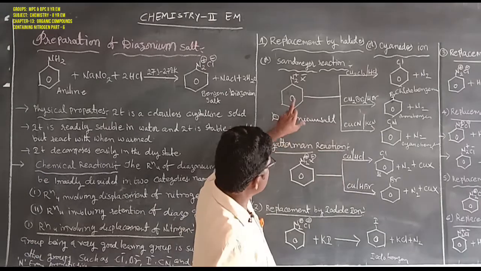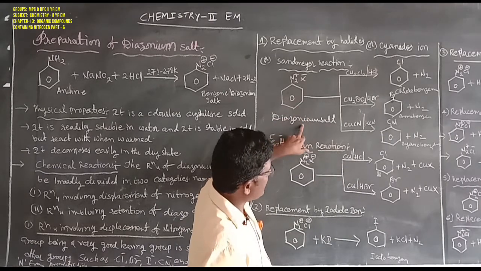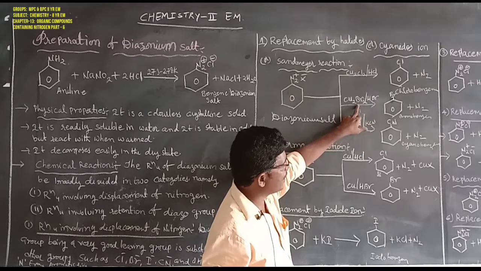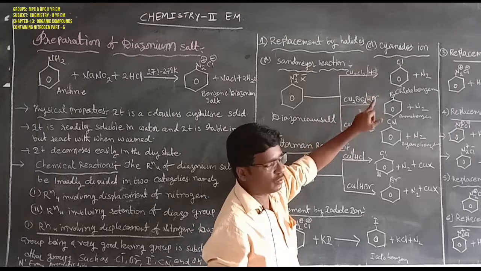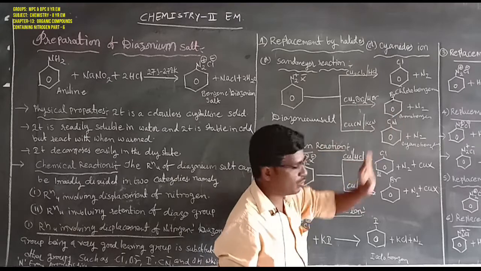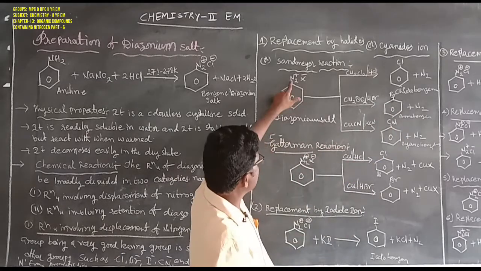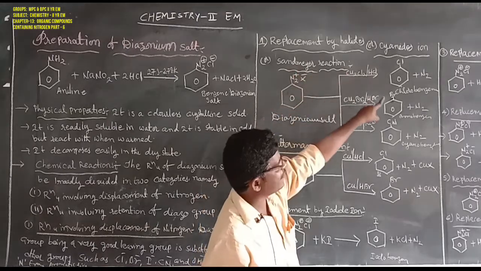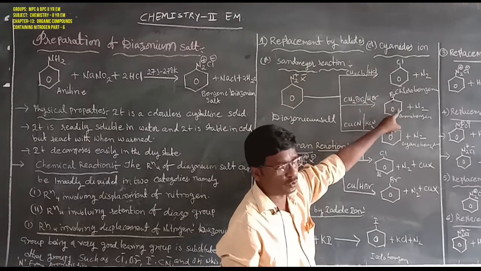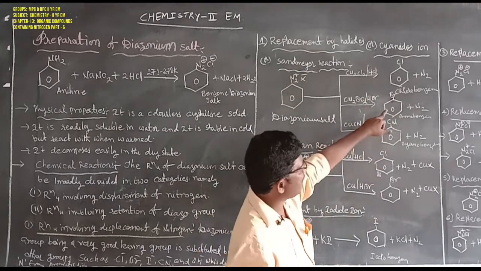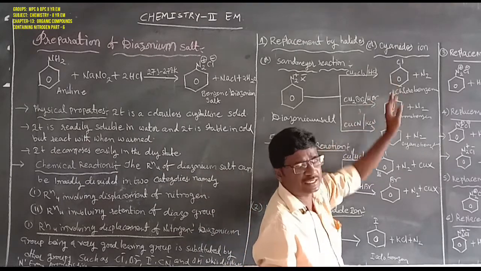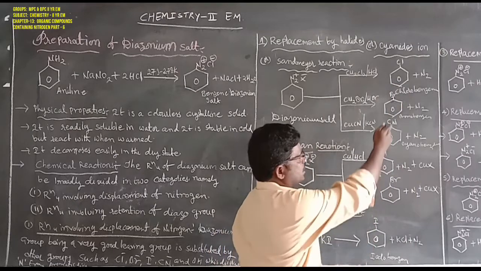Or benzene diazonium chloride treated with cuprous bromide, Cu2Br2, and hydrobromic acid, then bromobenzene is formed. Here is the displacement of the nitrogen atom by replacement with bromine. Benzene bonding with bromine is called bromobenzene. Benzene bonding with chlorine is called chlorobenzene, plus N2.